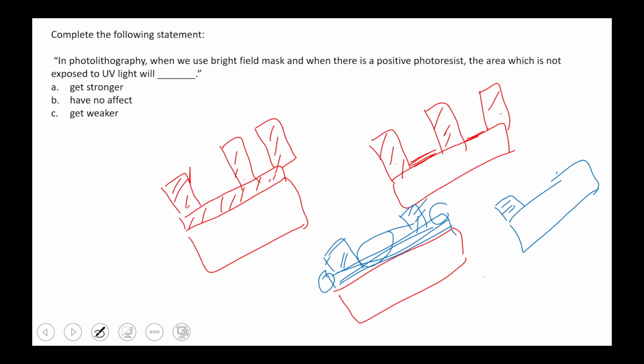So when we use a bright field mask and there is a positive photoresist, the area not exposed to UV light, what will happen? Get stronger, has no effect, or get weaker.